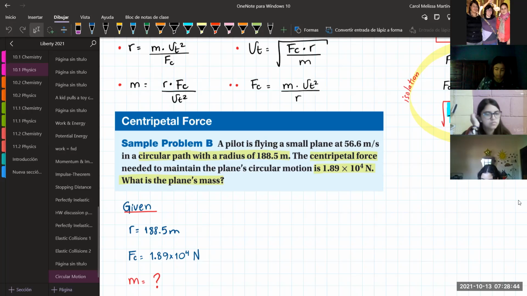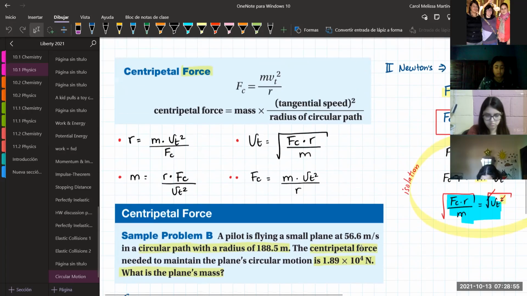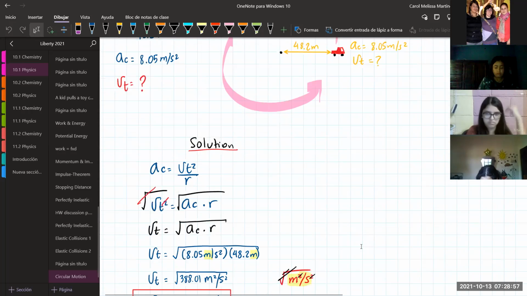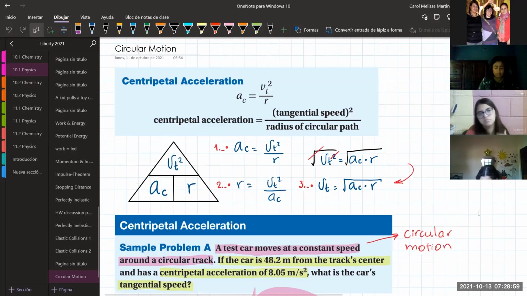So that means I don't know Vt, so I cannot know the mass yet. But you do know the formula to get the tangential speed. So we go above to look for the equation for Vt. Vt, or tangential speed, is equal to the square root of centripetal force multiplying the radius.